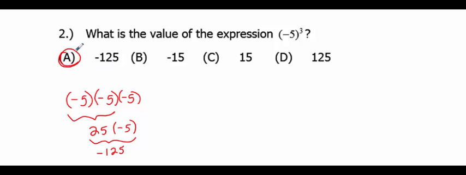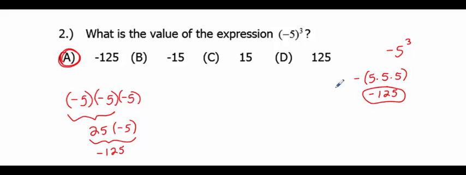So when we multiply positive 25 by negative 5, we should get negative 125. That is our answer. The difference here is if we did not have parentheses, if it was just simply negative 5 cubed, what that would mean is 5 times 5 times 5, get the result, 125, and make it negative.